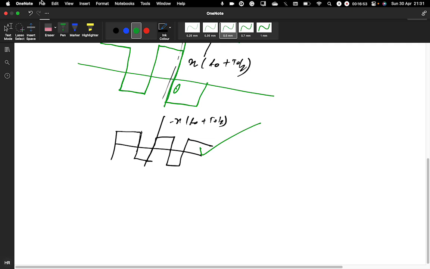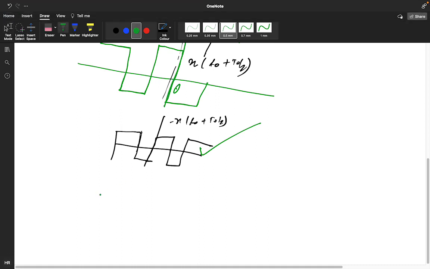So in a half wave symmetric signal the above conditions will be satisfied. See, if you have x of t is equal to minus x of t plus t naught by 2, what is the Cn value you will get?